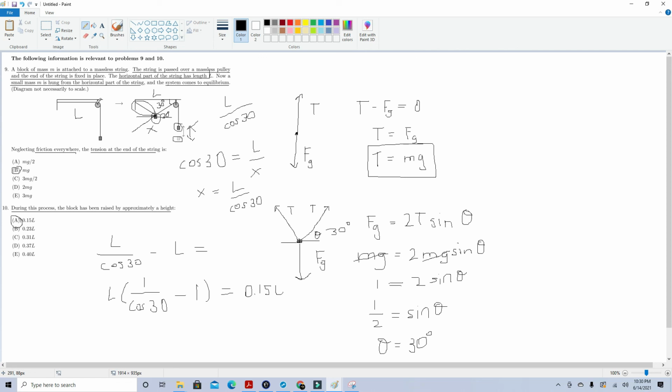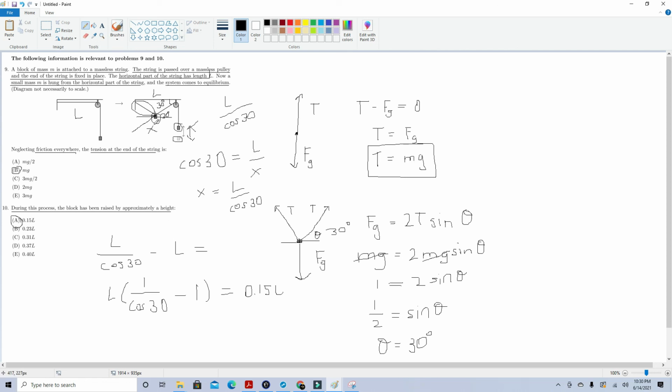So here we just solved number 9 and 10 from the F equals MA exam A of 2020. Now, this problem required a bit of work, but it was not impossible. Just by drawing simple free body diagrams and setting up some simple equations, we were able to solve both questions, giving us an easy 2 points on this exam.